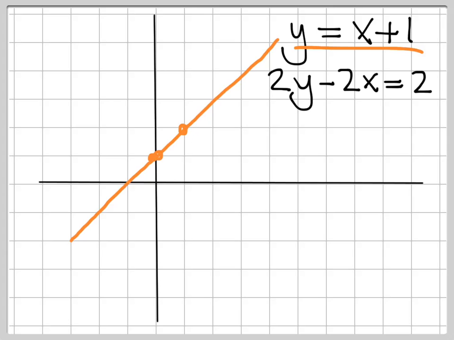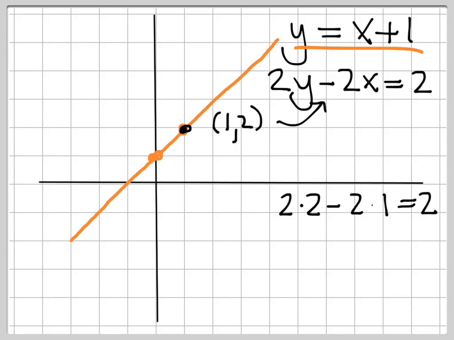I'm going to pick a point on my graph here, (1, 2), and just ask if it works in this equation. Does 2 times 2 minus 2 times 1 equal 2? Yeah, it does. That totally works. Well, that means that (1, 2) has to be on this line as well.